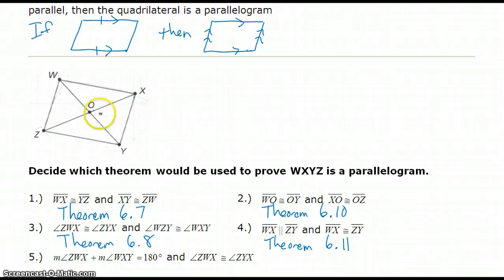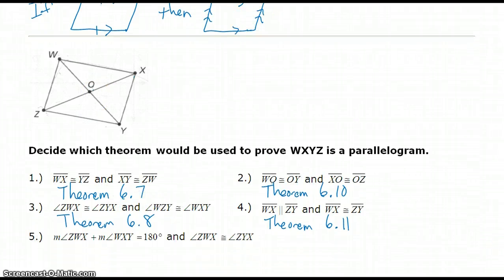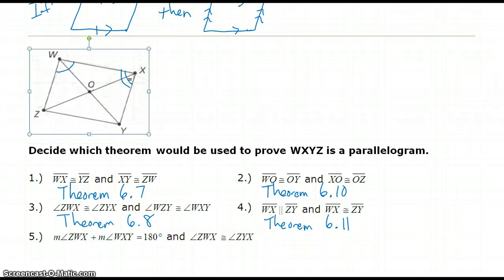And the last problem. Angle ZWX, Z to W to X, plus angle WXY are supplementary. They add to 180 degrees. And angle ZWX is congruent to angle ZYX.